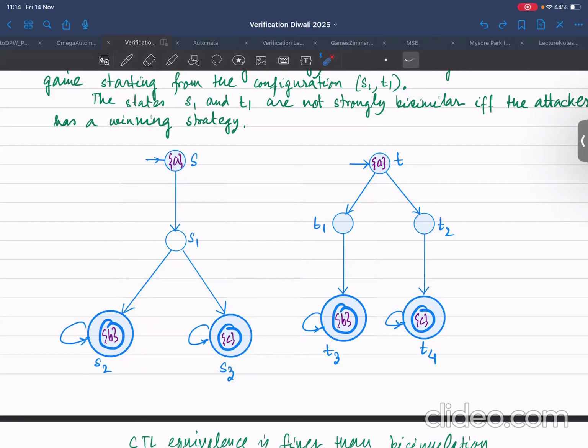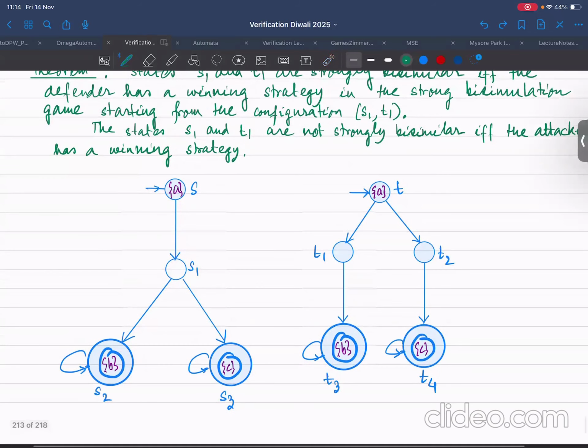But now if you see the set of traces these two Kripke structures have, it's A, then empty, then B omega, and another is A, empty, C omega, right?